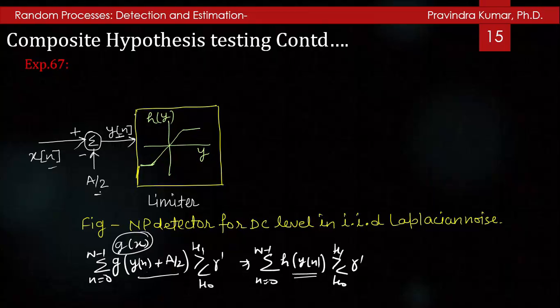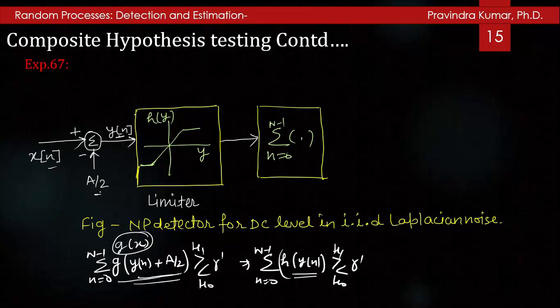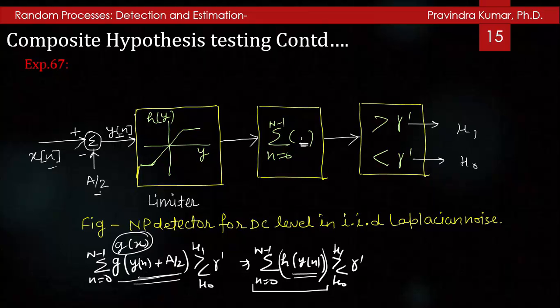This means h(y[n]), where you have considered h(y[n]) equal to g(y[n] plus A by 2), and after this limiter you have performed summation on this value. After getting this likelihood ratio, you compare it with the threshold value gamma dash, and if this value is greater than gamma dash, then you will decide that hypothesis H1 is true.